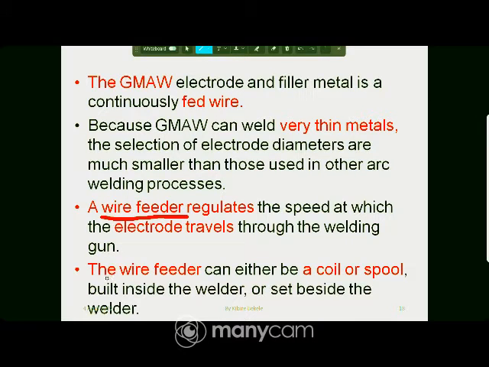The wire feeder can hold a coil or spool, installed inside the welder or set side by side with the welding machine. So this is part of the equipment.